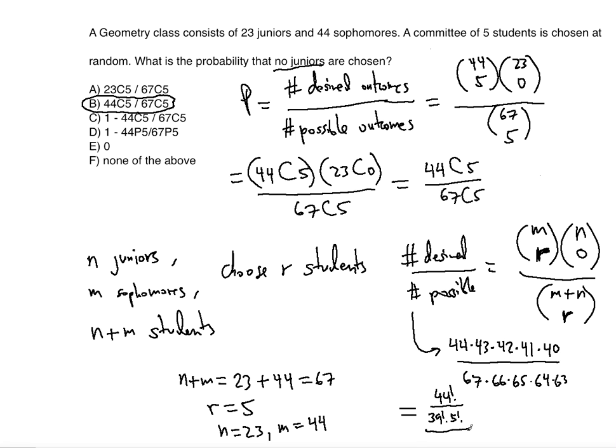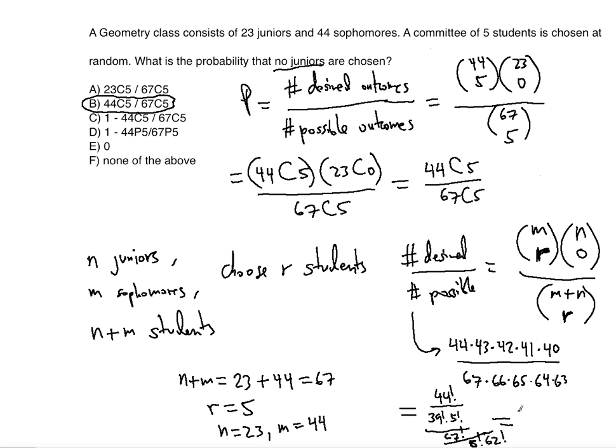Now also for the number of possible outcomes, you have to do the same thing. So you're going to start from 67 factorial, and then you're going to divide it over by 5 factorial, of course, because you don't want to order the 5 kids you chose, multiplied by 67 minus 5, which is 62 factorial.